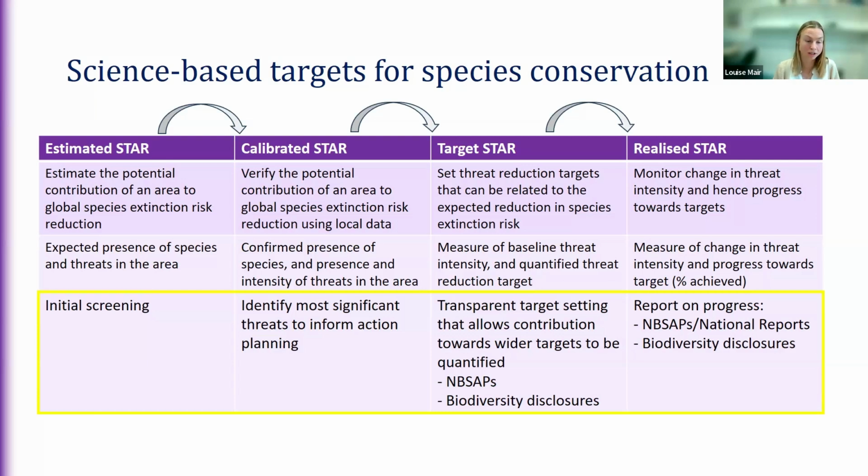So if you're a country, this might go into your national report. And again, if you're a business, that would be your next biodiversity disclosure. You'd be able to report on progress towards the targets that you had previously transparently set. So this is the idea, the pipeline of STAR and the ways in which it can be used at each stage.